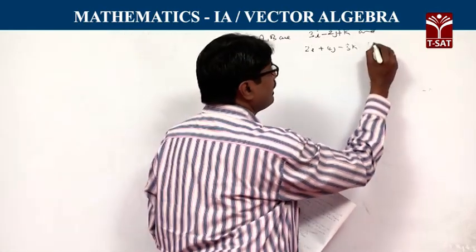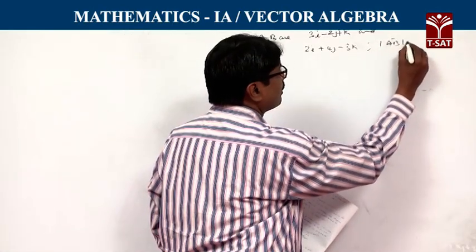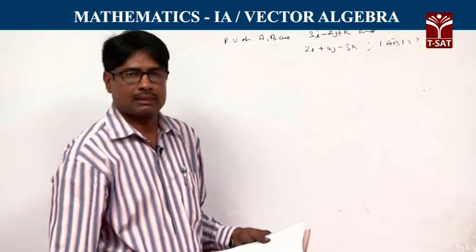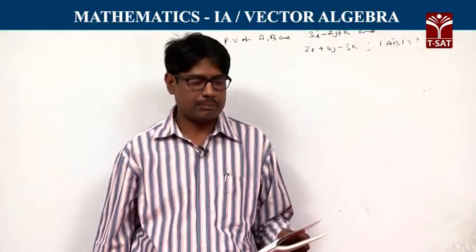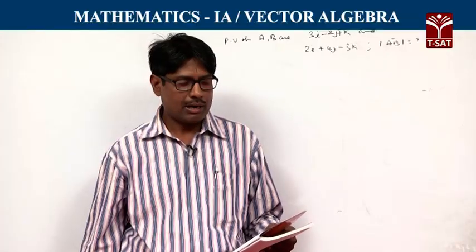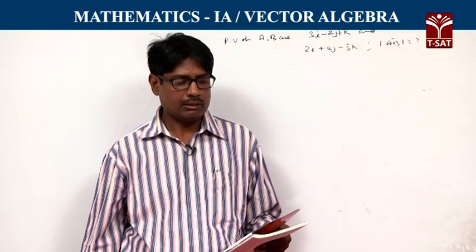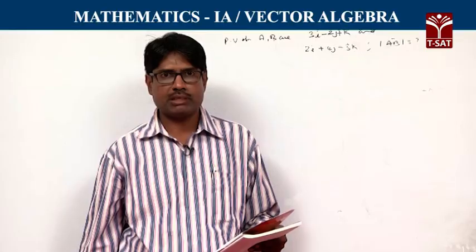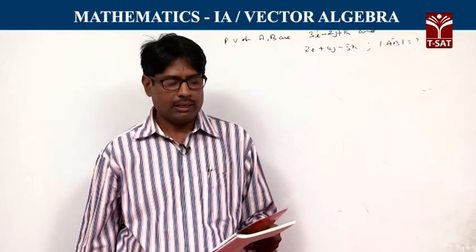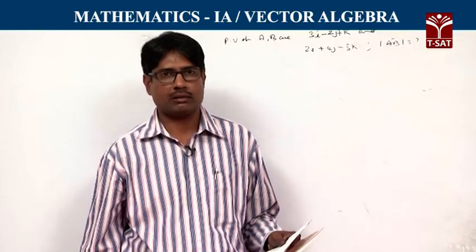What is the length of the AB bar vector? The position vectors of A and B are given by 3i bar minus 2j bar plus k bar and 2i bar plus 4j bar minus 3k bar. Then find the length of AB bar.